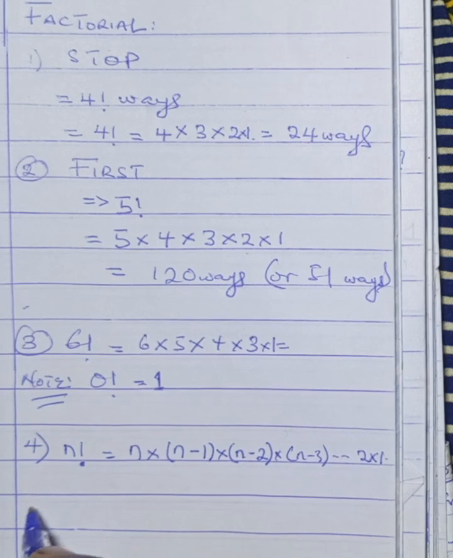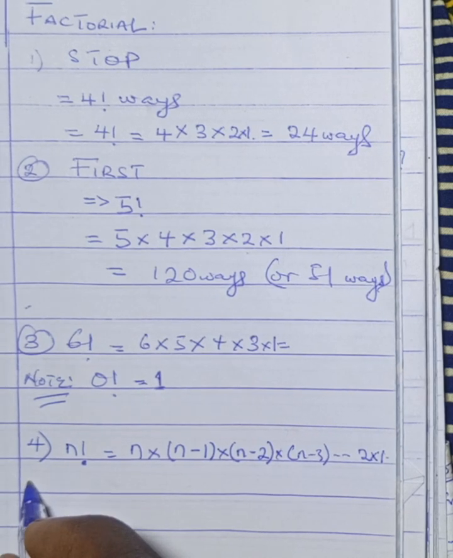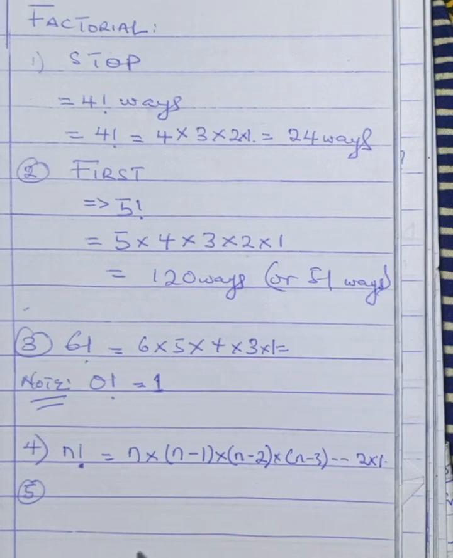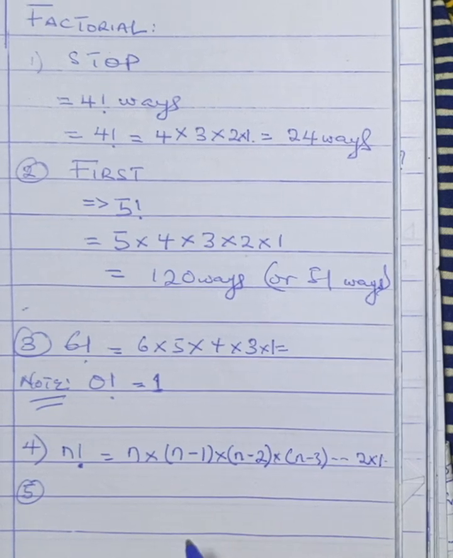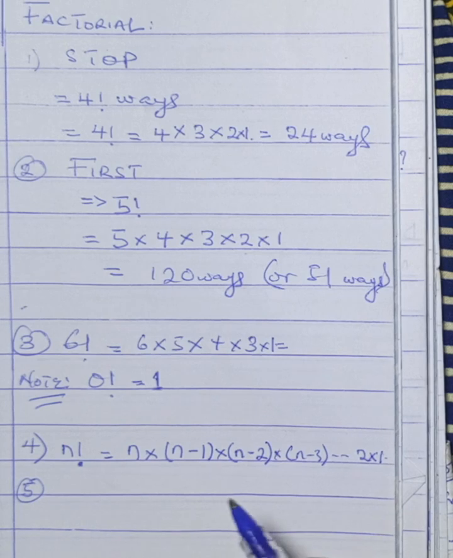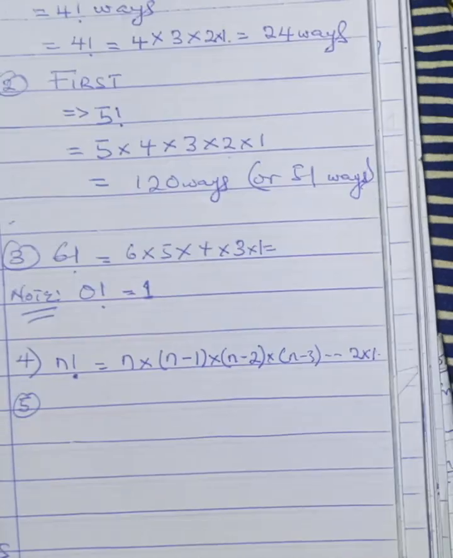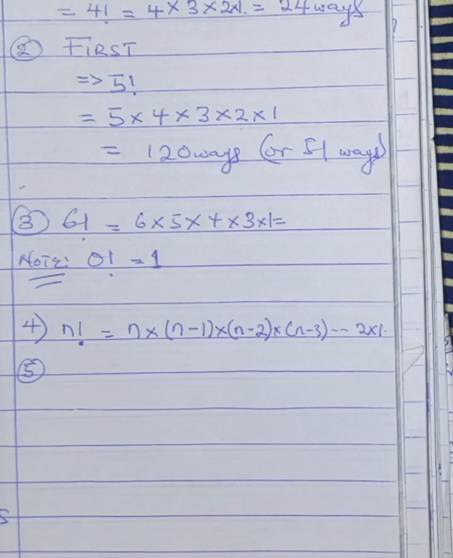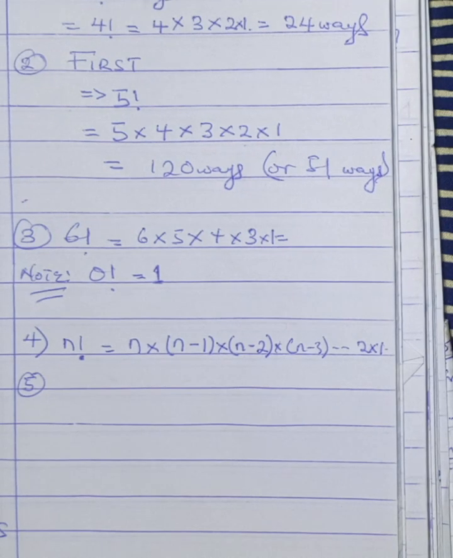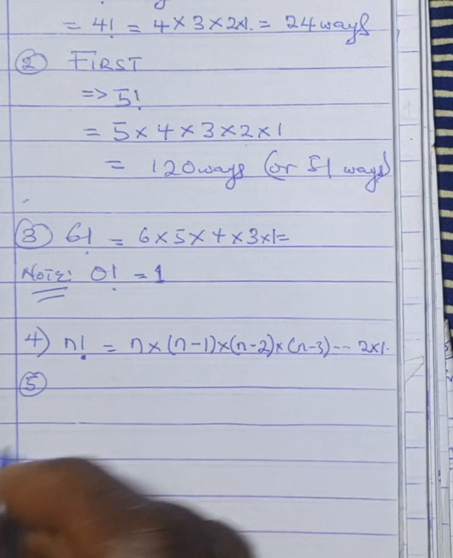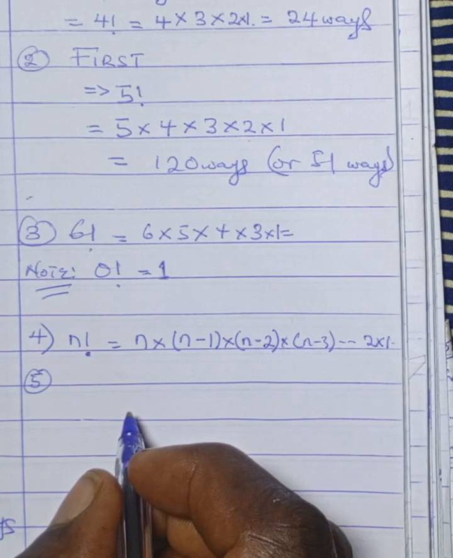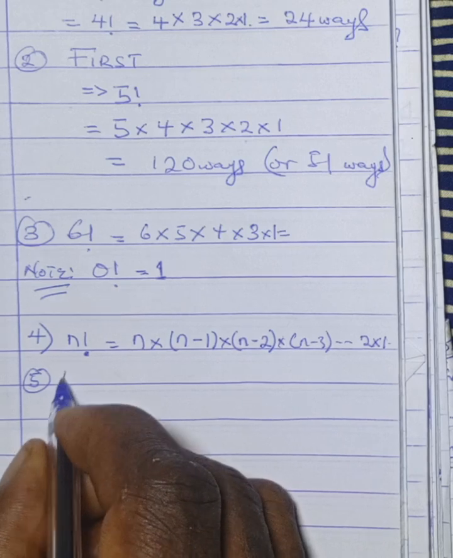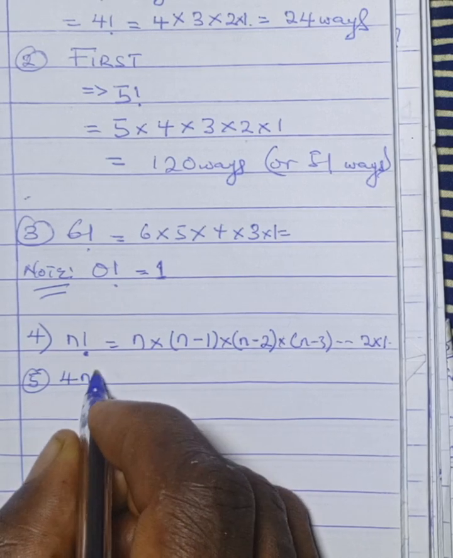So if I have, say, number 5, for example, you have 4n factorial.